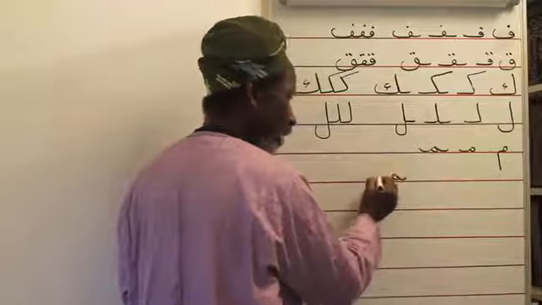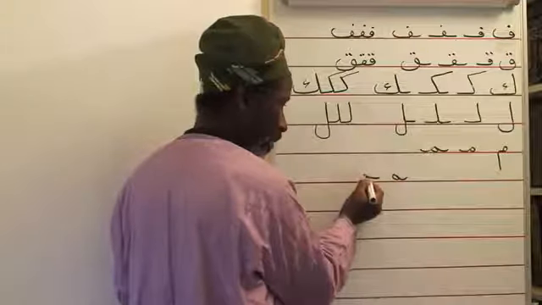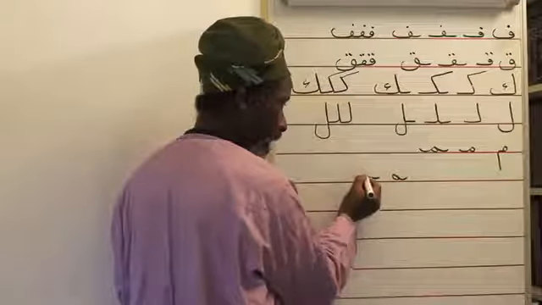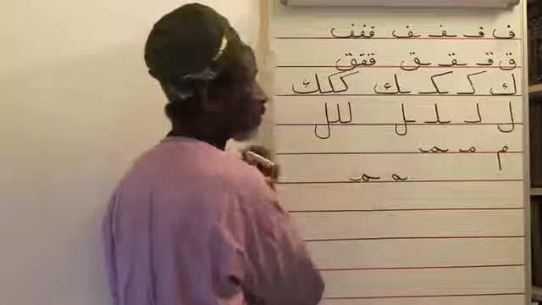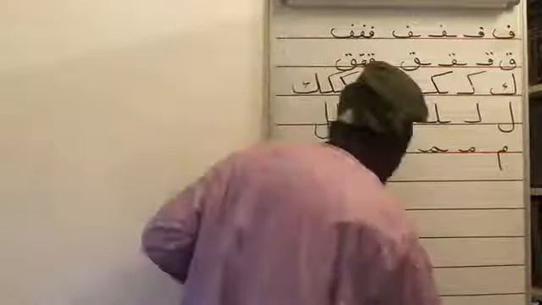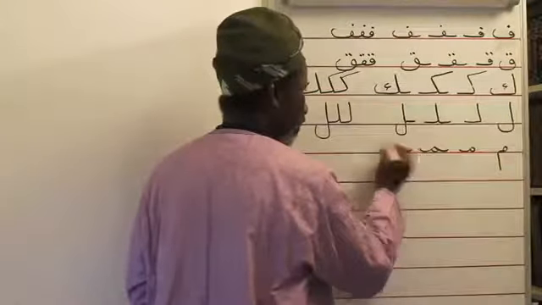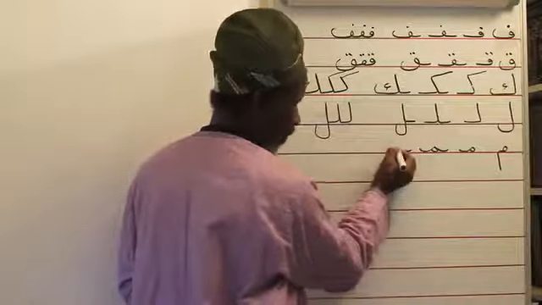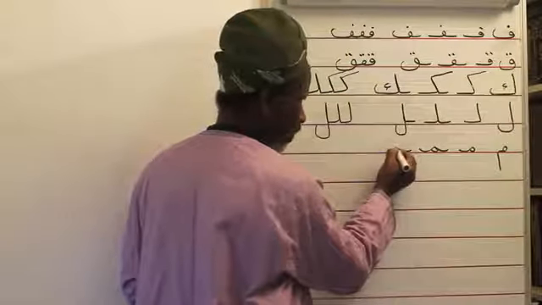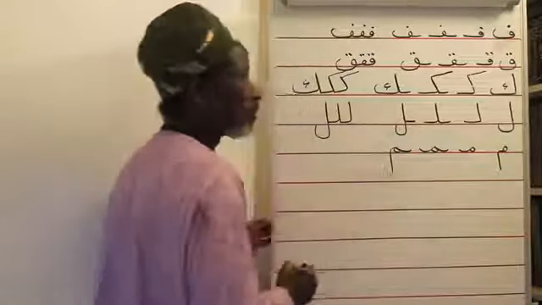You just go extension, create a buffer, that's a space there, close it up, and again do that. Now, the mim at the end, the extension is coming, again do the same thing, reverse, close it up, and then do your usual dropping, drop like that.